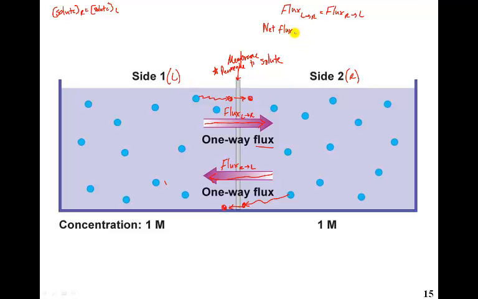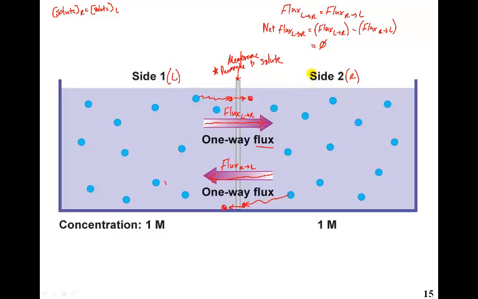We'll need to pick a direction, so let's just say net flux left to right. What's the overall flux left to right? To calculate that, what you need to know is the flux left to right minus flux right to left. In this case, both flux left to right and flux right to left are equal. So the net flux left to right will be 0.